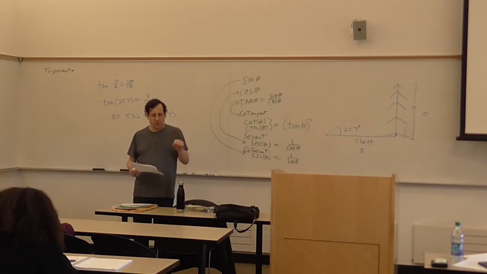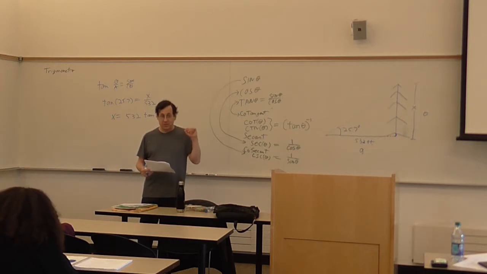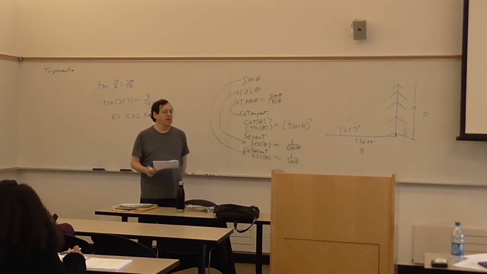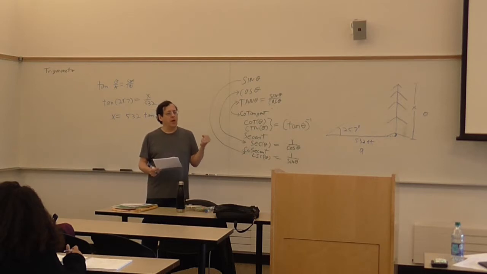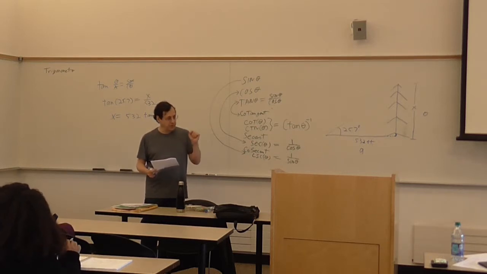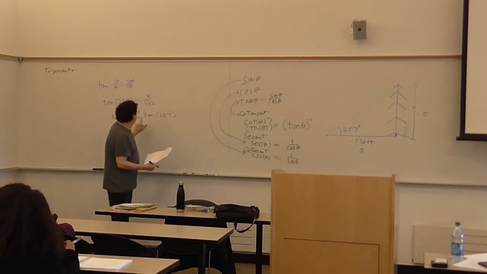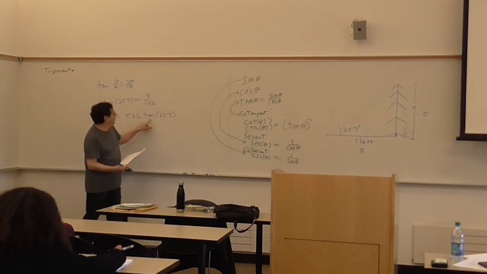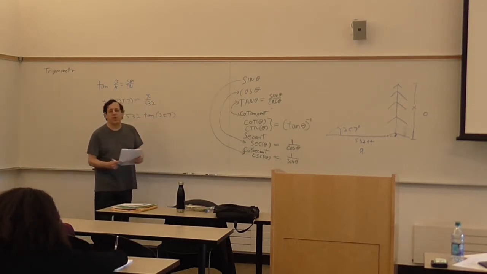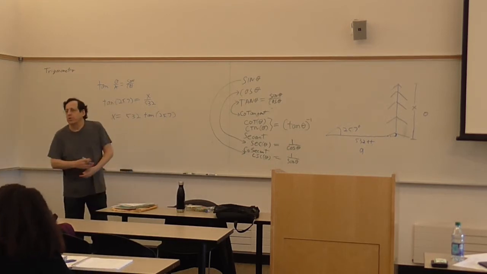Please set yours to radian mode. But solve the problem anyway. Someone know how who has a calculator? You're our control here. You're going to show us how to do it wrong. Somebody else, multiply 532 times the tangent of 25.7. And tell me what you get.